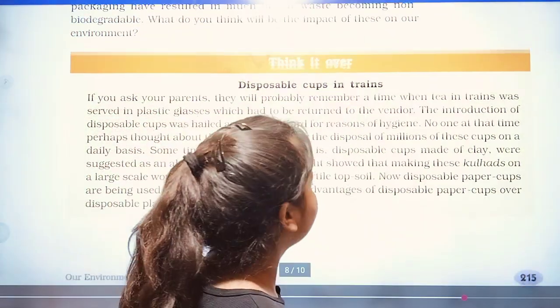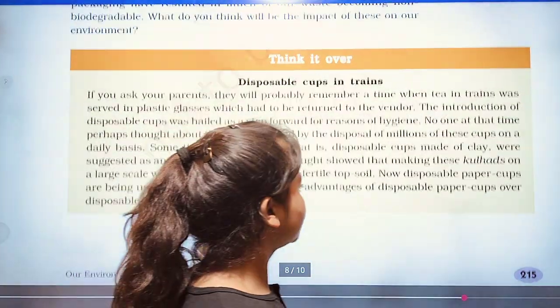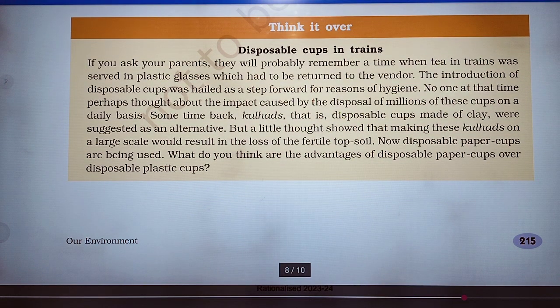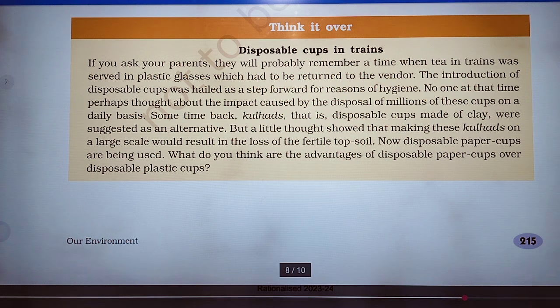Now disposable paper cups are being used. What do you think are the advantages of disposable paper cups over disposable plastic cups?